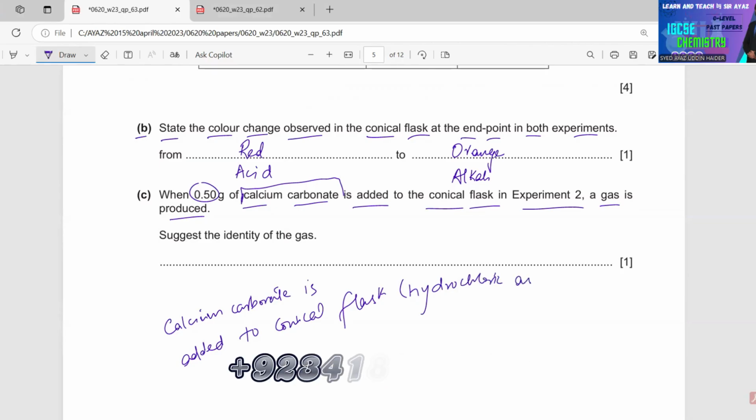It's a reaction between metal carbonate and acid. So whenever metal carbonate reacts with acid, the gas produced is carbon dioxide. So you write CO2 or carbon dioxide simply.